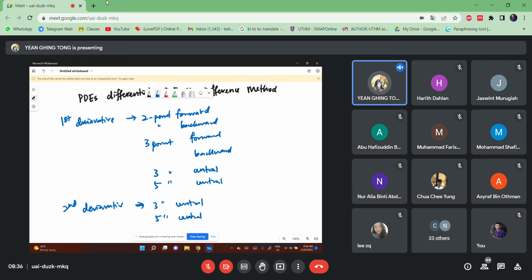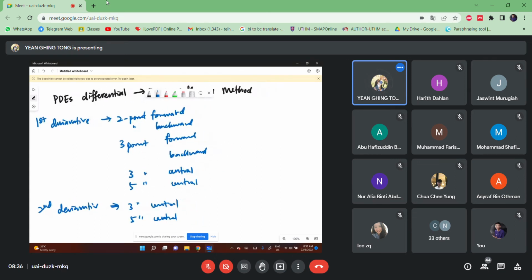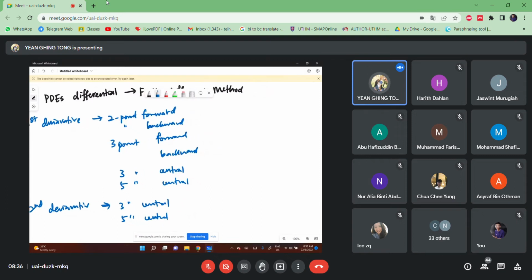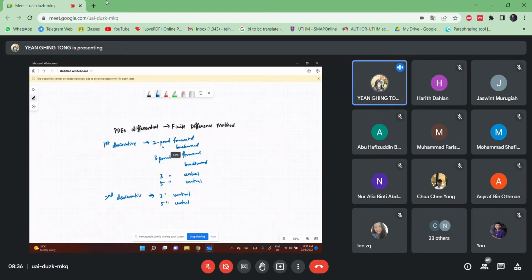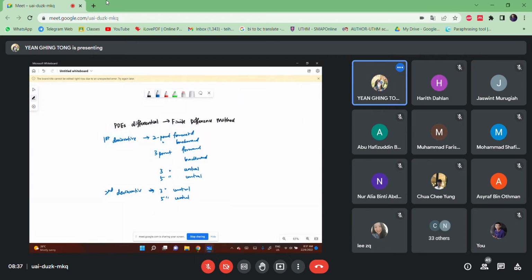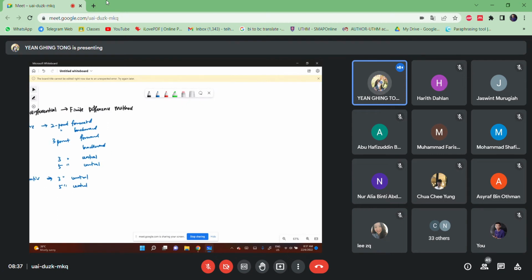Go back to the PDE, I mentioned to you before. So that means PDE is the equations that have more than one independent variables, right? So let's say we use a heat equation, kan?